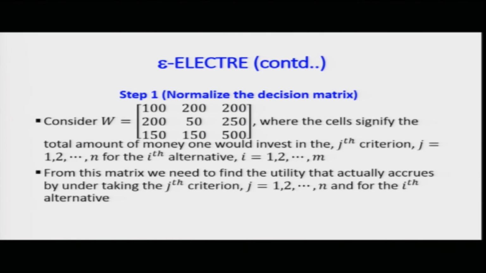From this matrix we need to find the utility that actually accrues by undertaking those decisions. So now we will consider some sort of utility function in order to bring that conclusion that utility factors do matter. Now, if you remember, in the first example you considered the utility function as quadratic. Now I will just change the utility function to logarithmic.